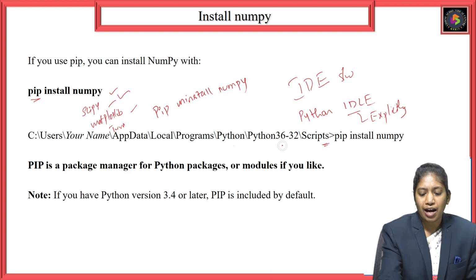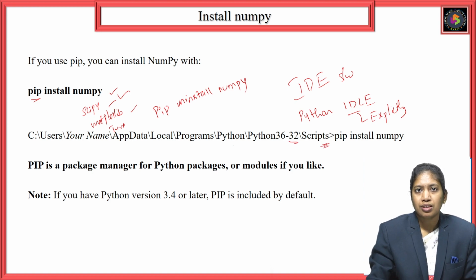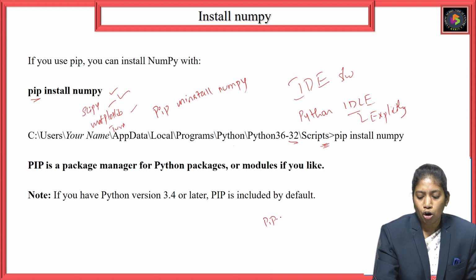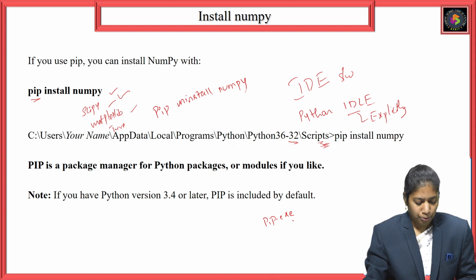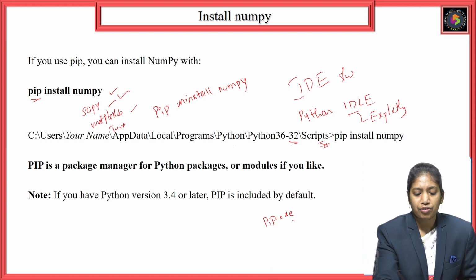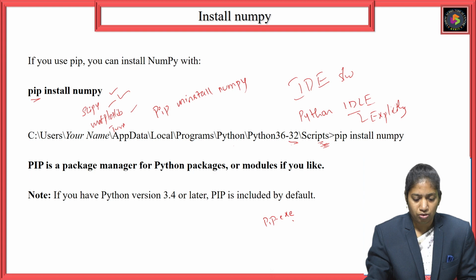In Python, we have the Python bits, and we need to go to the Scripts folder. There you can see the file pip.exe in the Scripts folder. We can use that path for installing any libraries. Everything should be done in the command prompt for installation.